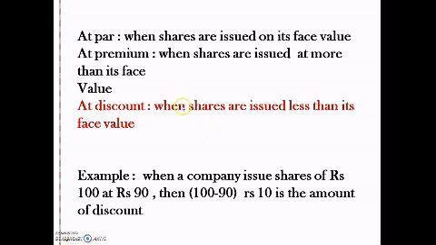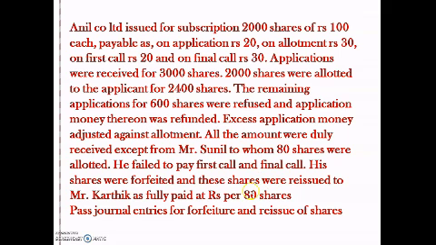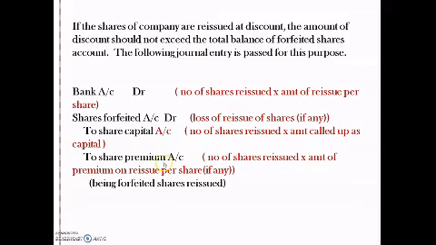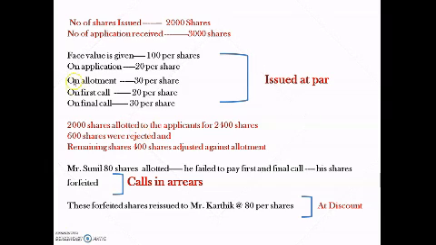In that situation, we can say the shares are issued at discount. In this question, the face value of each share is 100, and at the time of reissue Mr. Karthik has fully paid rupees 80 per share, which means these shares are issued at 80 per share. So we can say the shares are issued at discount. Okay, fine. See the next one.